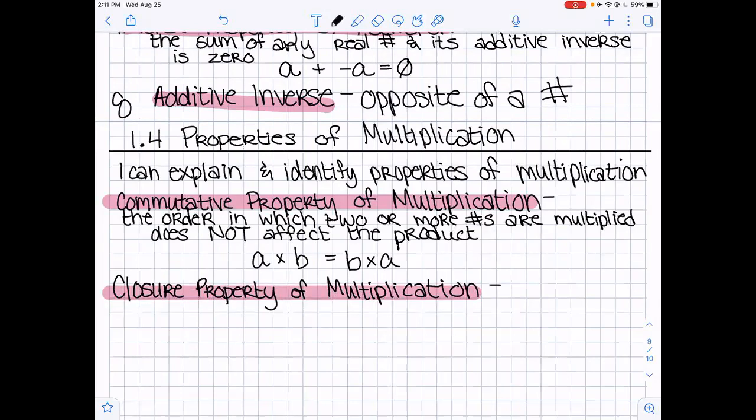Okay, what did the closure property tell us yesterday? The sum of two real numbers is also a real number. So guess what? The product of two real numbers is a real number.